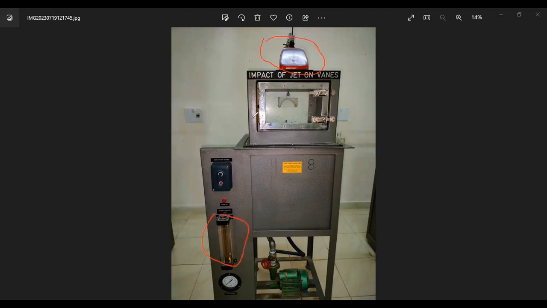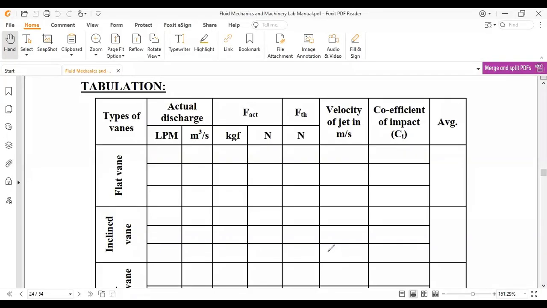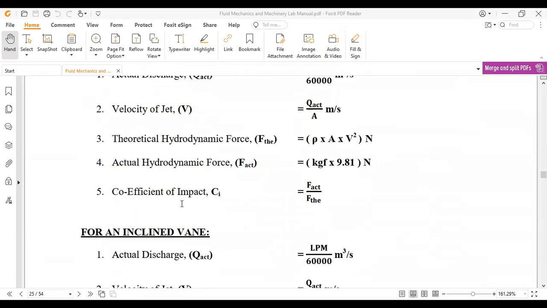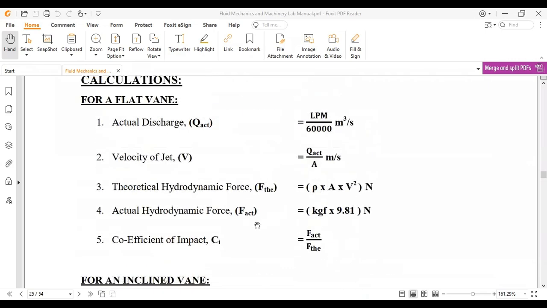Only these two readings should be taken for the calculation purpose. The force is taken in grams, converted into kg, then converted into Newton by multiplying by 9.81 to convert kg force to Newton.